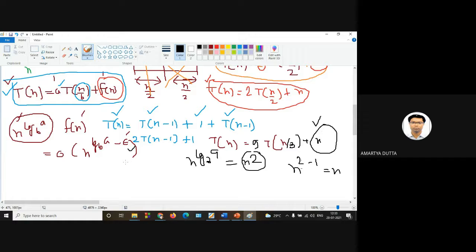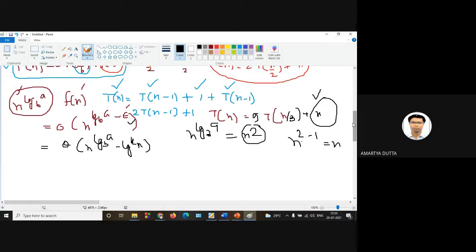Now the second case, case 2. For case 2, if your f(n) is written in this form, big theta of n to the power log b base a into log to the power k n, then we can say that this belongs to case 2.